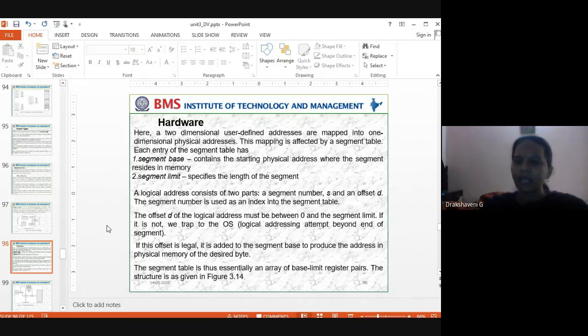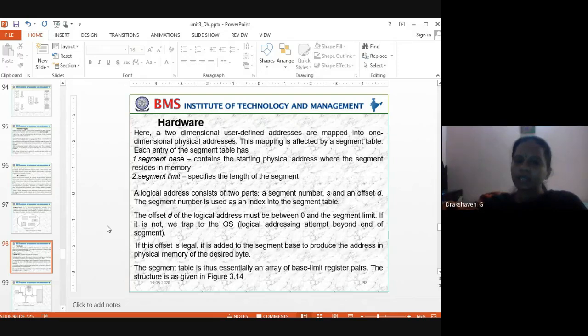A1 is the starting address, and A9, A10 is the last address. In the same way here, the segment base contains the starting physical address where the segment resides in memory. What is the segment limit? The limit for the segment, how much I have to divide.